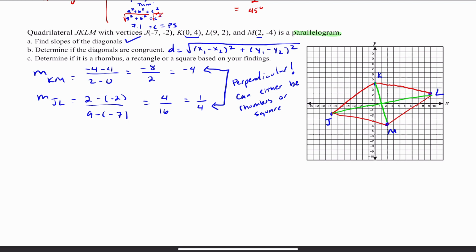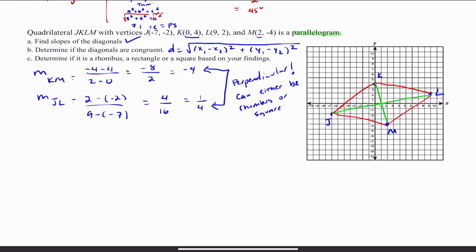If the diagonals are congruent, then my possible choice is that this figure is a square. If the diagonals are not congruent, then this figure is a rhombus.